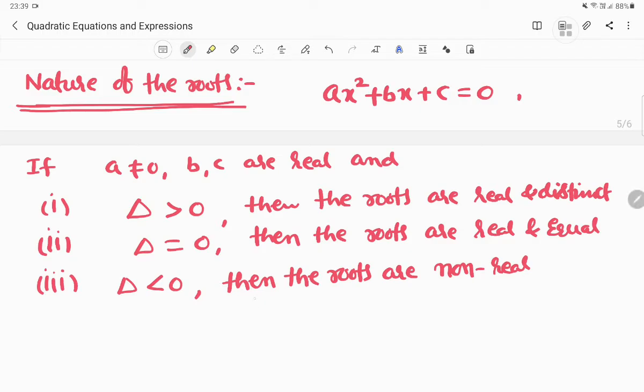Non-real, that means conjugate complex numbers, like a plus or minus ib, or simply p plus or minus iq.